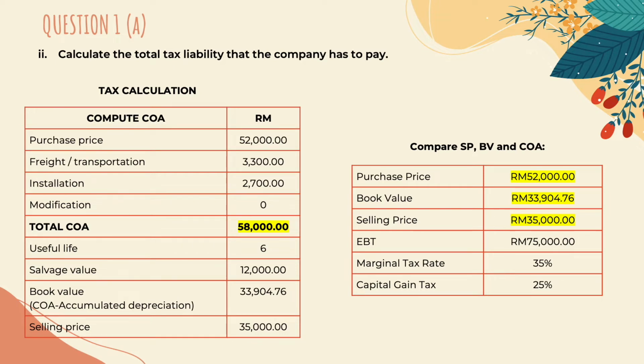Next, we need to compare between SP, selling price, BV, book value, and COA, cost of asset. As you can see in the table, the purchase price is 52,000, the book value is 33,904.76, and the selling price is 35,000. The EBT stated in the question is 75,000, the marginal tax rate is 35% and capital gain tax is 25%.